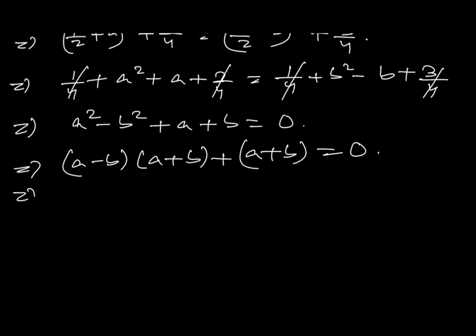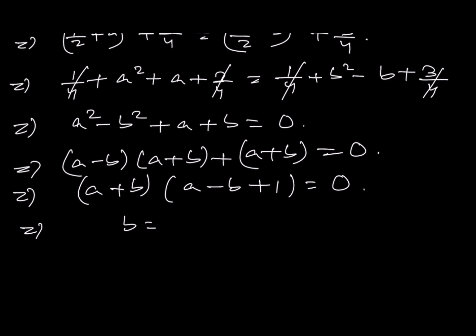So if I take a plus b as common factor, then inside the bracket it will be a minus b plus 1 is equal to 0, right? Again a plus b cannot be 0, so what will be remaining is b equal to a plus 1, right?